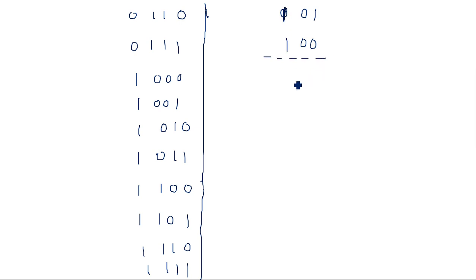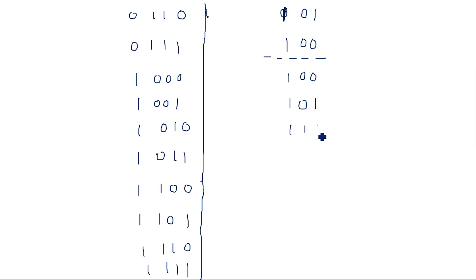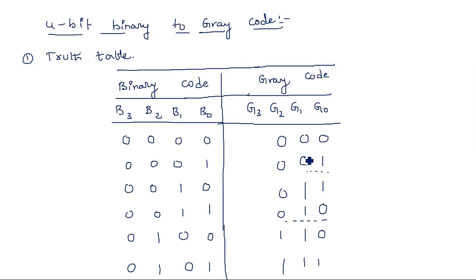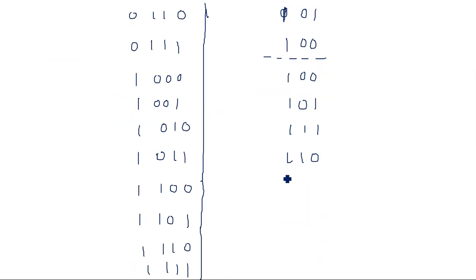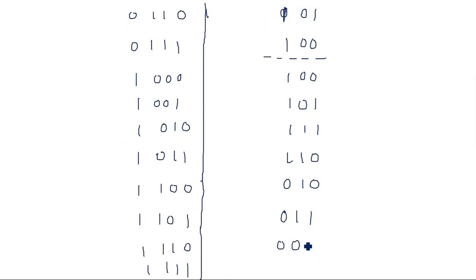Again take mirror image, so 1 0 0, 1 0 1, 1 1 1, 1 1 0, 0 1 0, 0 1 1, 0 0 1, and 0 0 0.